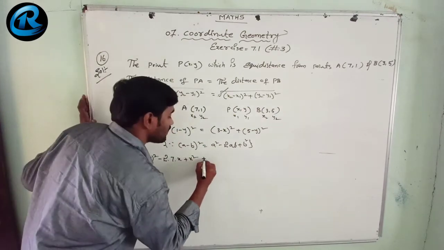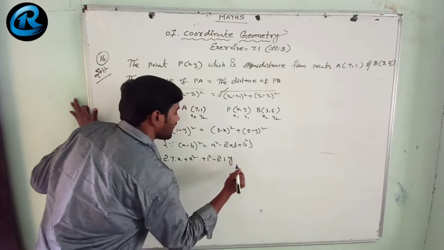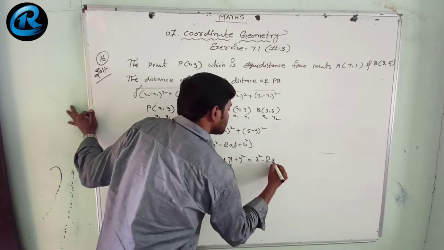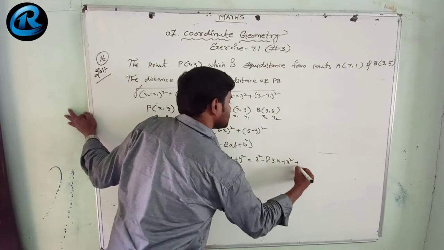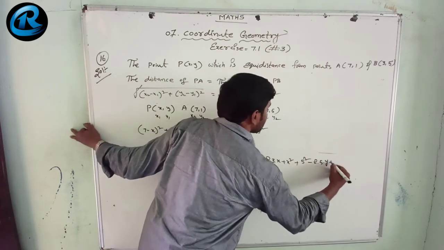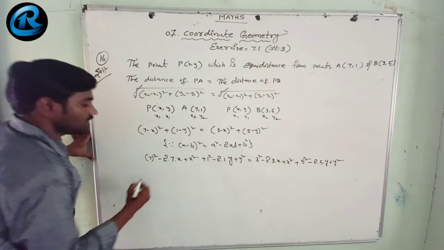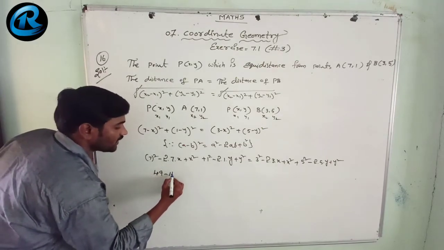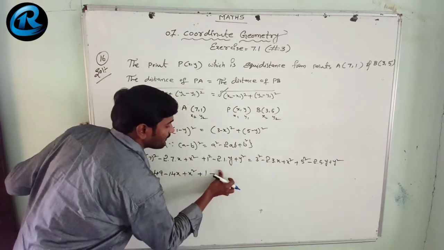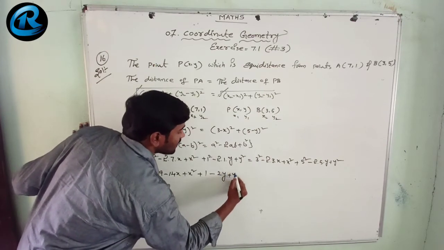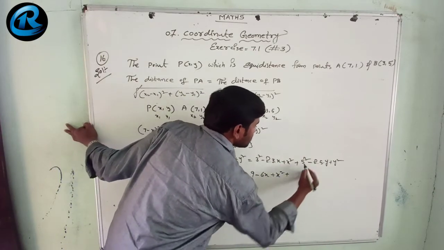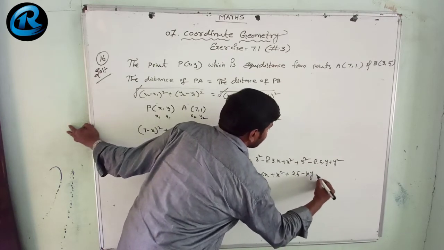Now this one, 1 square minus 2 into 1 into y plus y square, equals 3 square minus 2 into 3 into x plus x square, plus 5 square minus 2 into 5 into y plus y square. 7 square is 49 minus 14x plus x square, plus 1 square value 1 minus 2y plus y square, equals 3 square value 9 minus 6x plus x square, plus 5 square value 25 minus 10y plus y square.